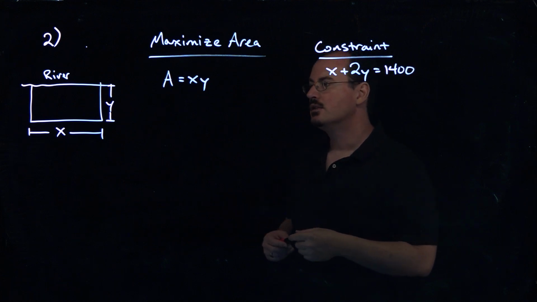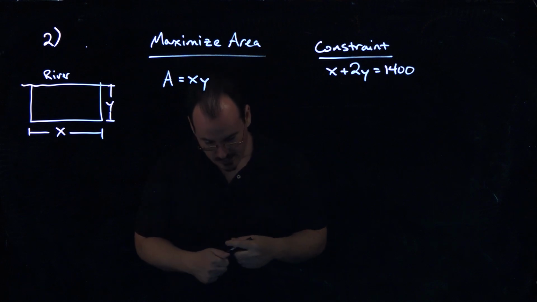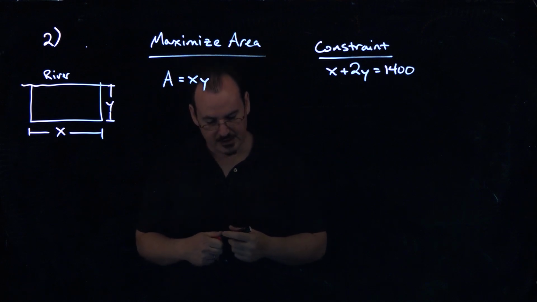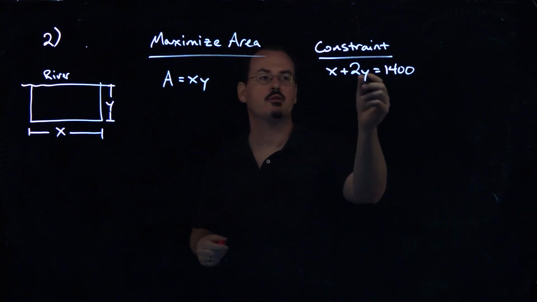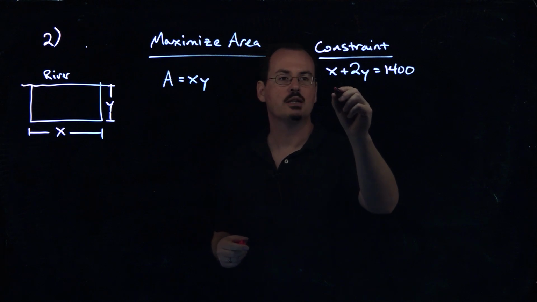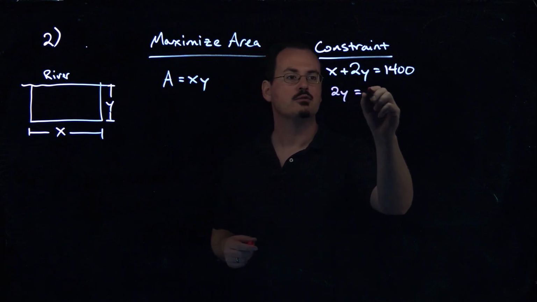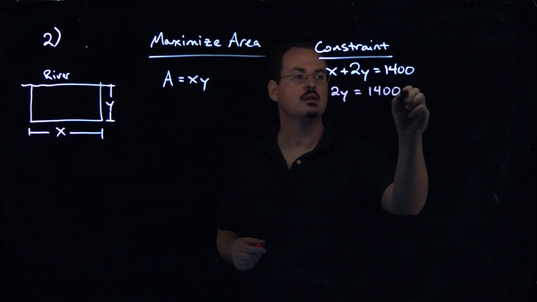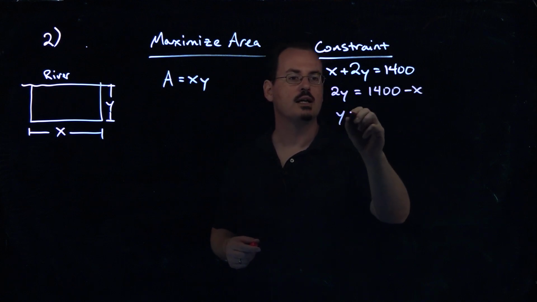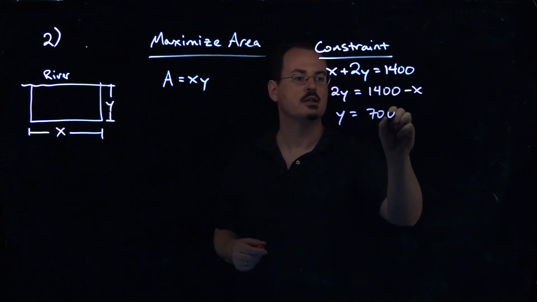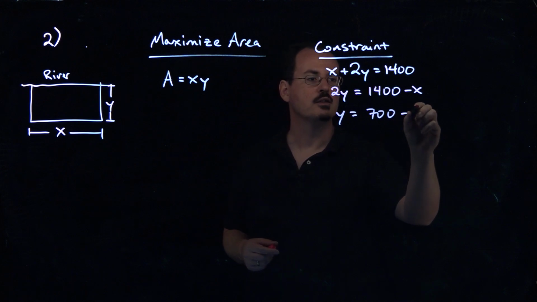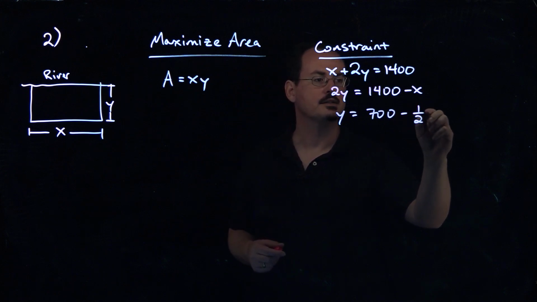So the goal here is to find the value of x that leads to the maximum area. To do that, I'm going to eliminate the variable y. So we're going to get 2y is equal to 1,400 minus x. So y is equal to 700 minus 1/2 x.